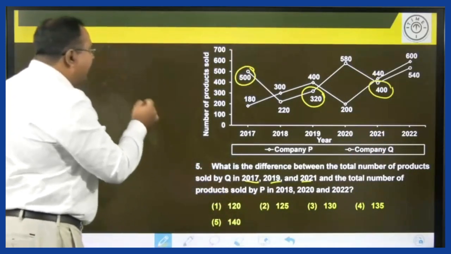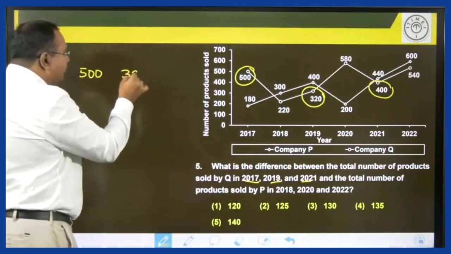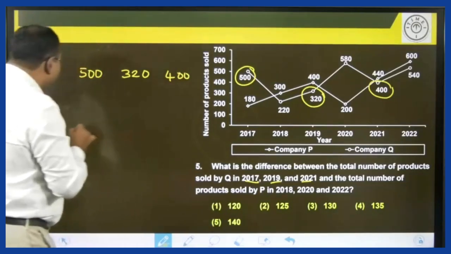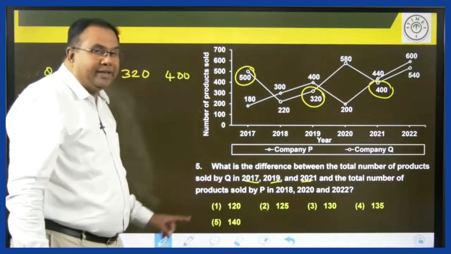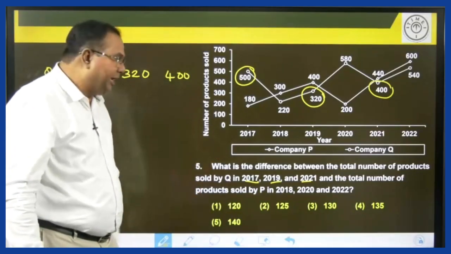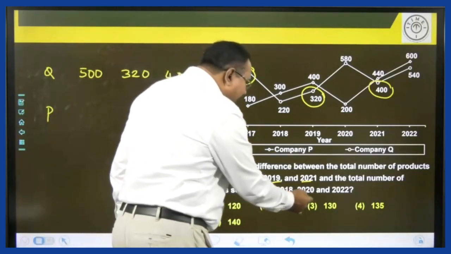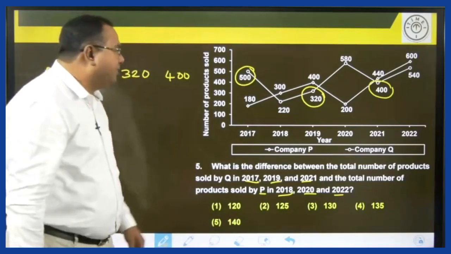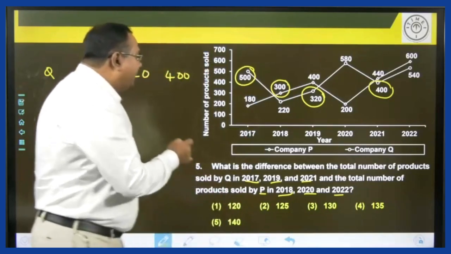So 500, 320 and 400. You have to add all the three. Minus total number of products sold by P in 18, 20, 22. P is represented by that rhombus shape one. So 18 P value, 300. Okay, 300.